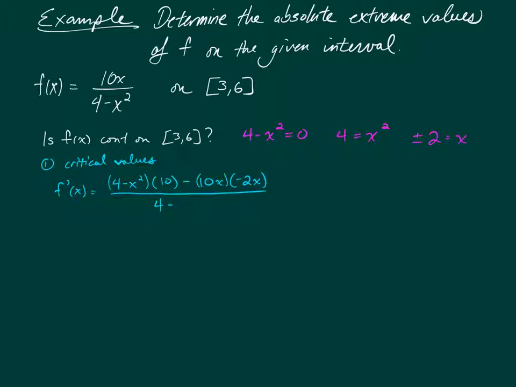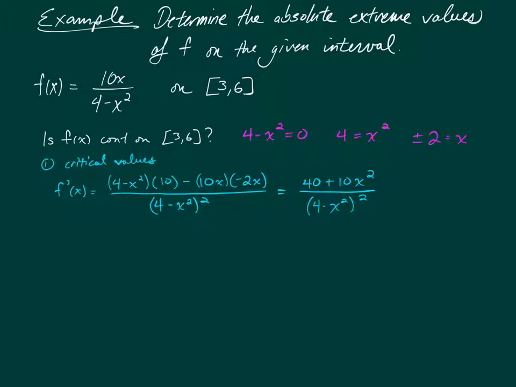So 4 minus x squared, the quantity squared. And if you simplify this numerator as best you can, you will end up with 40 plus 10x squared over 4 minus x squared, the quantity squared.